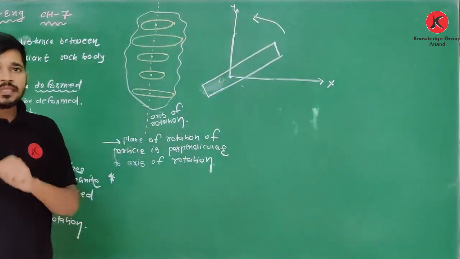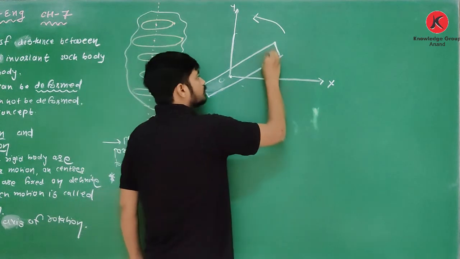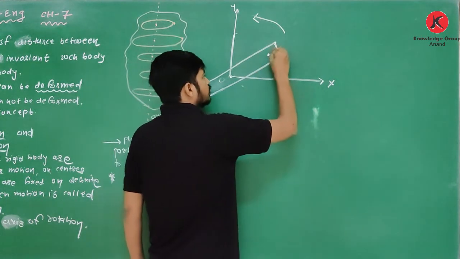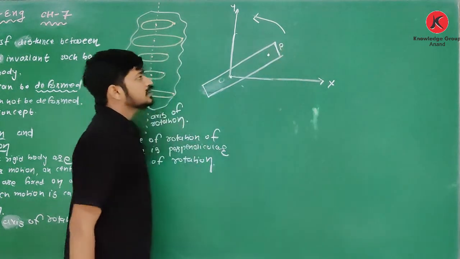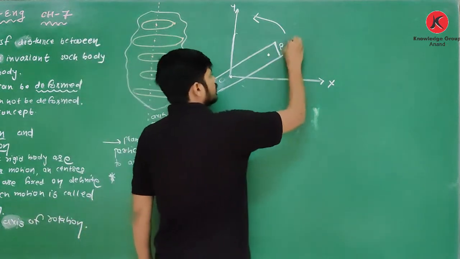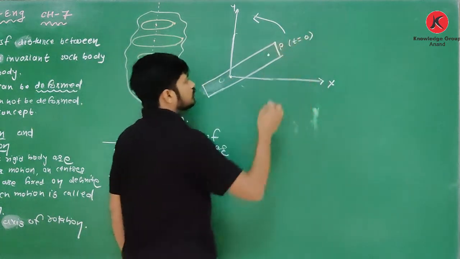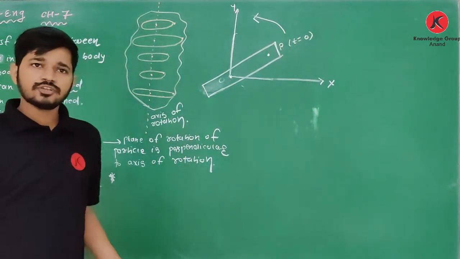Okay. Now, I am taking one point P on the rigid body. At time t is equal to 0, the object is here and point P is here.